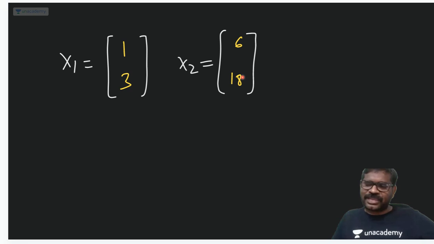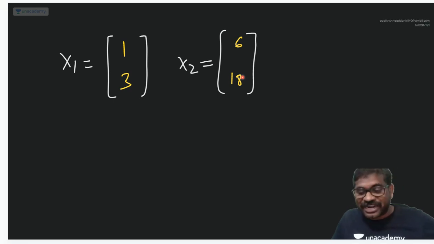Now, tell me, are X2 and X1 independent or dependent? The vectors X1 and X2 are column vectors. X1 is one column vector, X2 is another column vector. Are X2 and X1 dependent or independent? Dependent. How do you know that?